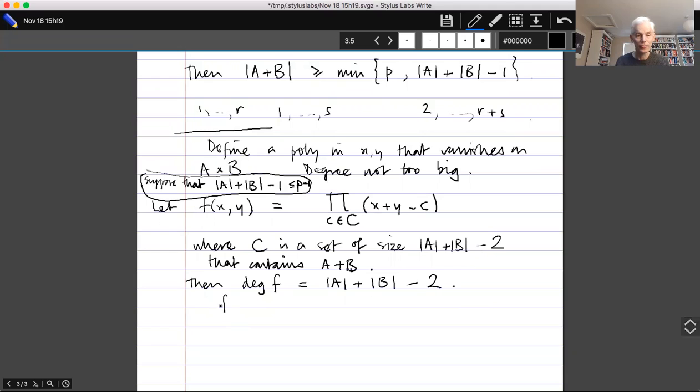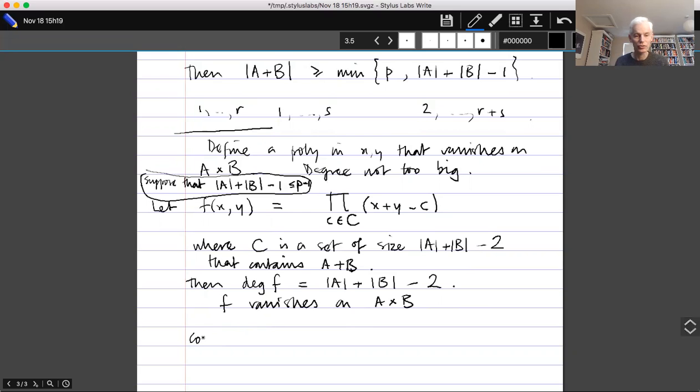And f vanishes on A cross B because C contains the sumset, so x plus y belongs to the sumset. So one of those factors must be 0. And we just think about the coefficient now.